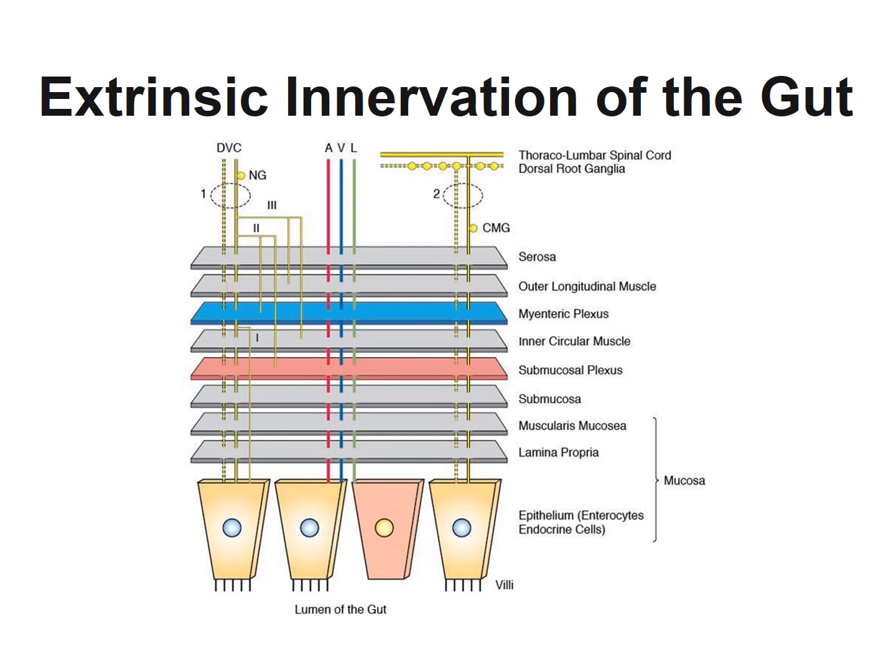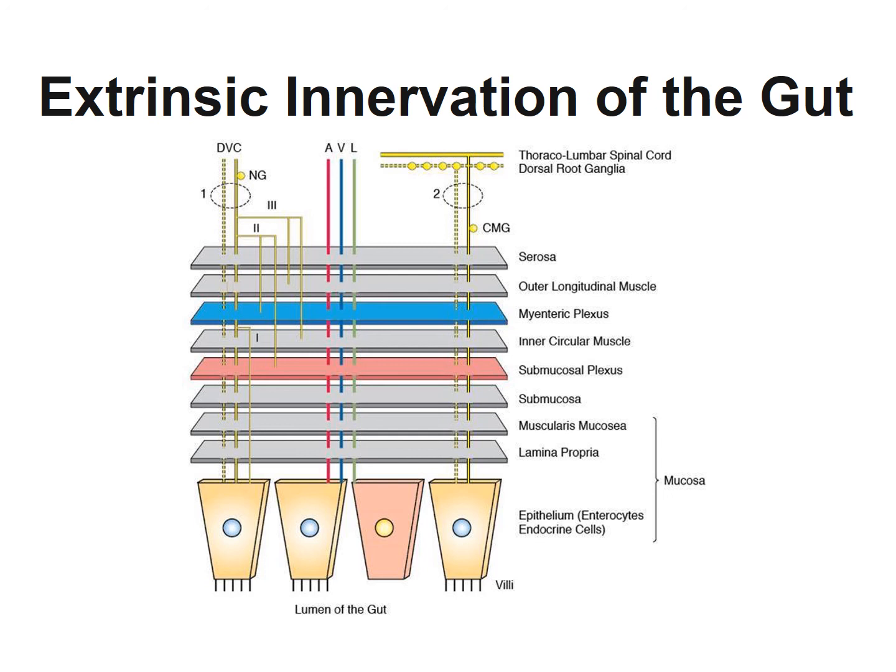Again, it has efferent and afferent fibers that send information to the spinal cord and then to the brain, and fibers that take orders from the brain and the spinal cord and send them back to the gut.